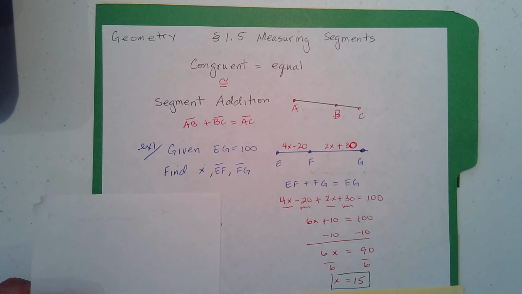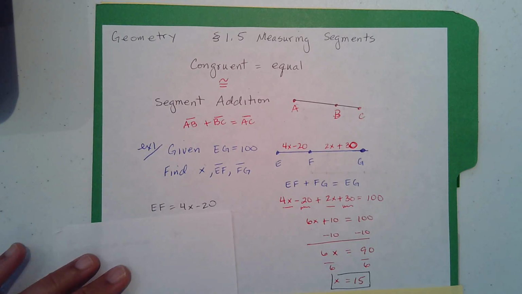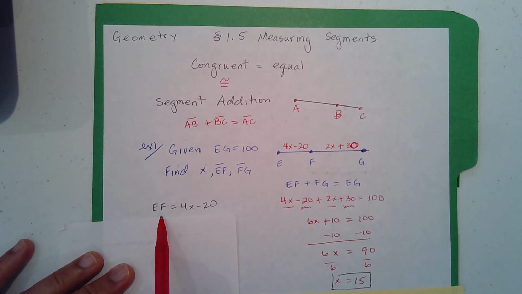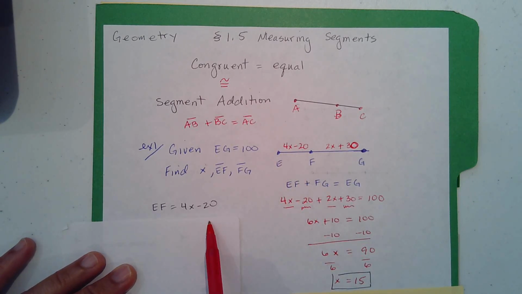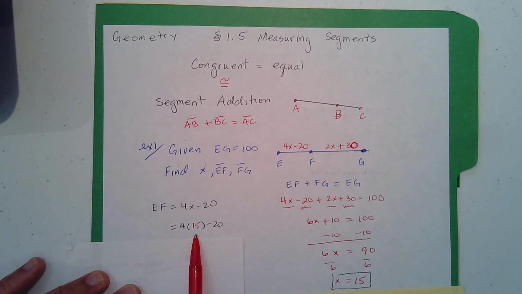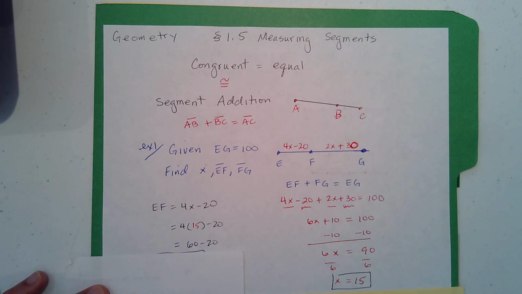We found one part of this example. We found x. To find EF, we're going to write down what EF equals. EF is 4x minus 20. We're now going to substitute 15 wherever we see an x, and you learned this in Algebra 1. Multiply 4 times 15, we get 60 minus 20, therefore EF is 40.